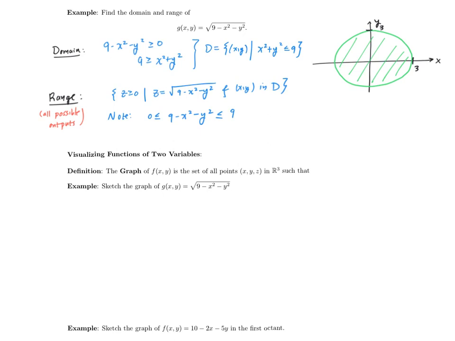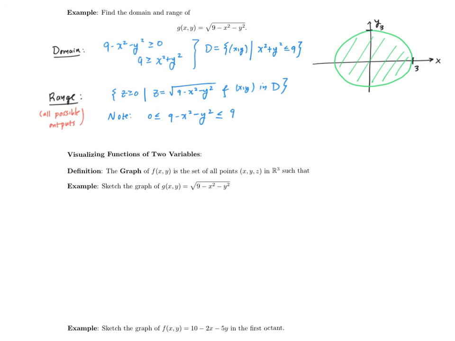So this quantity 9 minus x squared minus y squared is bigger than or equal to 0 because it's going inside a square root. It's also less than or equal to 9 because we're starting with 9 and we are subtracting away from that quantity.